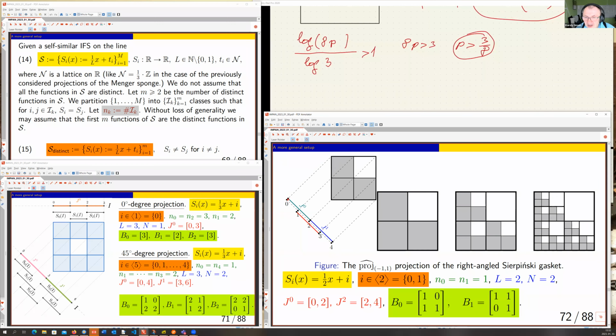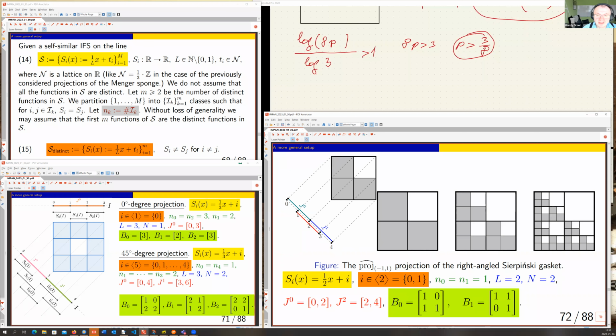And then what are going to be the basic intervals? Here, this is one of the basic intervals, and this is the other. So you have 2 basic intervals, and the contraction ratio is equal to 2. So you have 2 matrices, both of them 2 by 2.